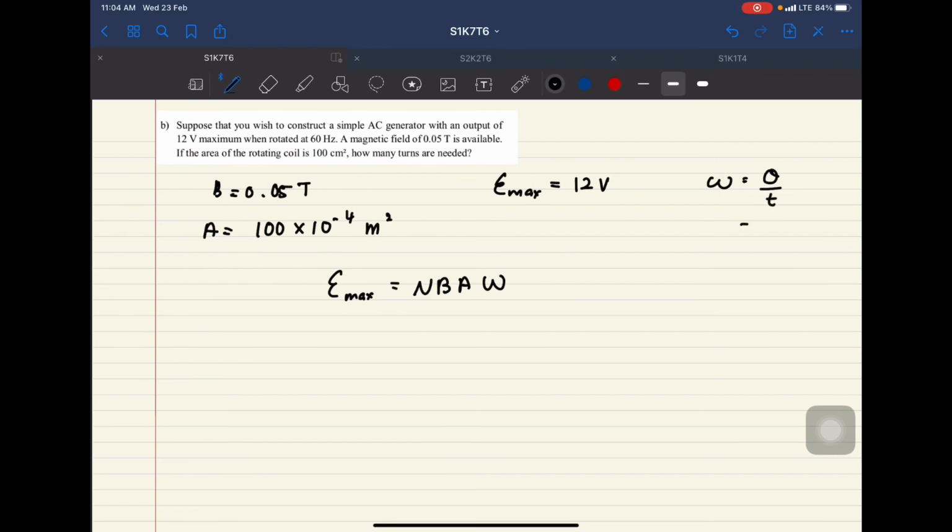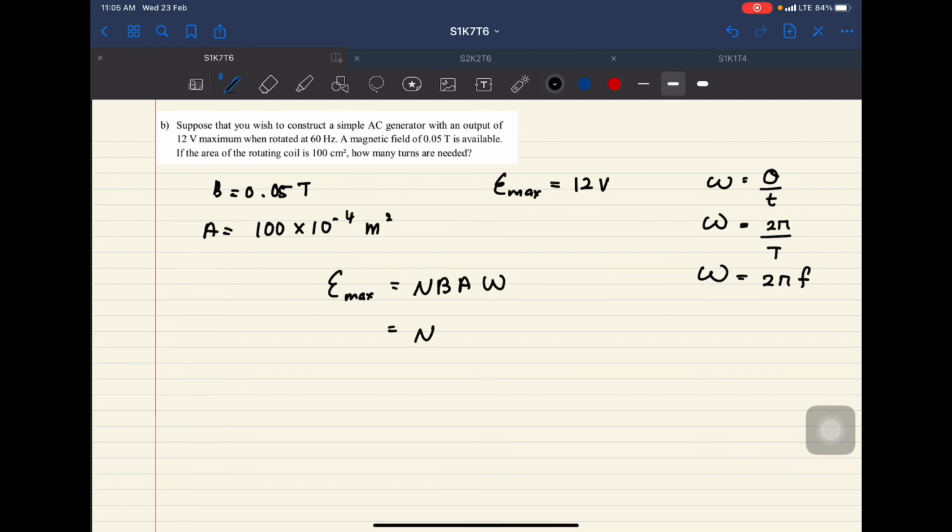Okay, if you are talking about one period, like one complete circle, theta is equals to 2 pi, t is equals to period, right? And I can change 1 over t, which is frequency. So omega is equals to 2 pi f. That one is just a recap.